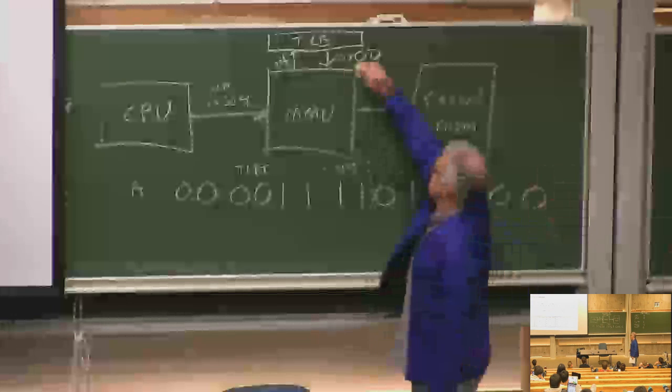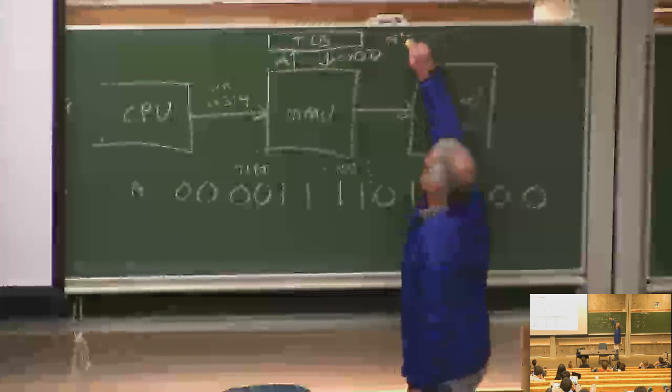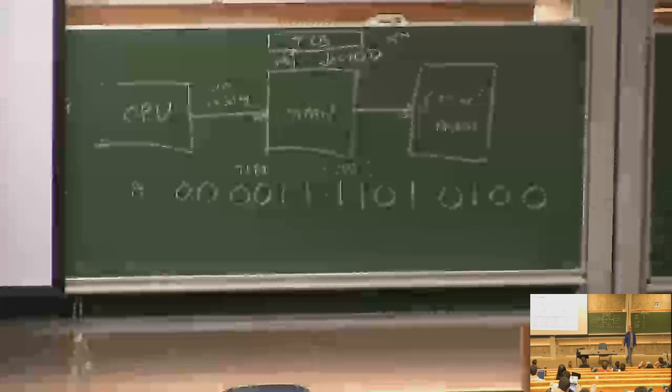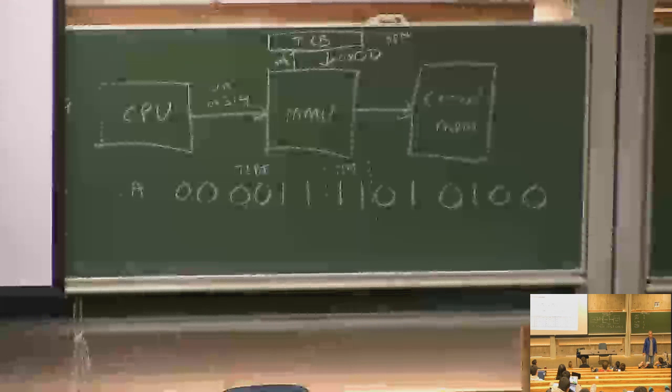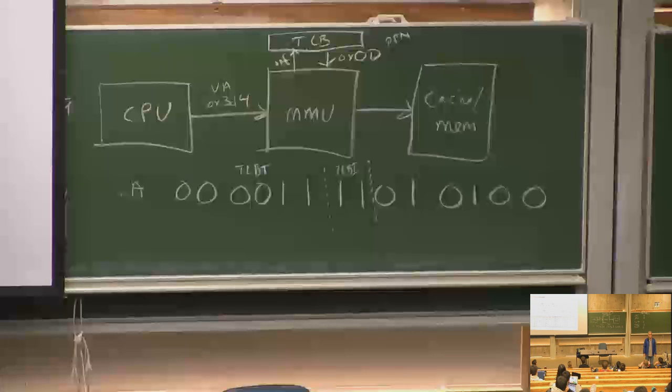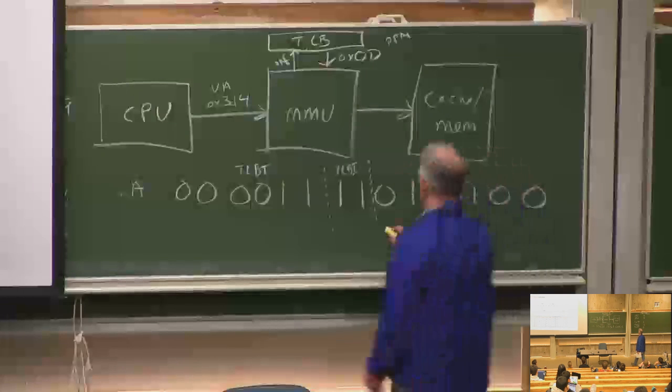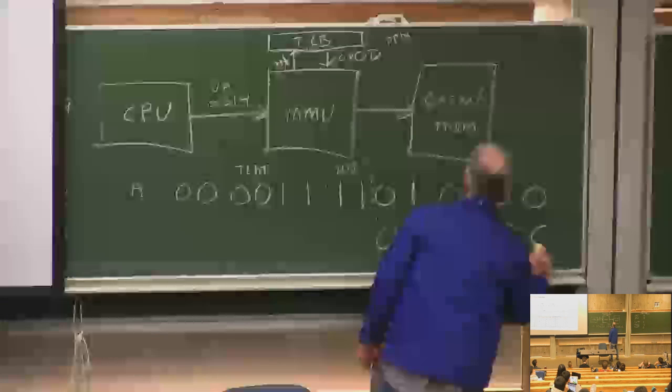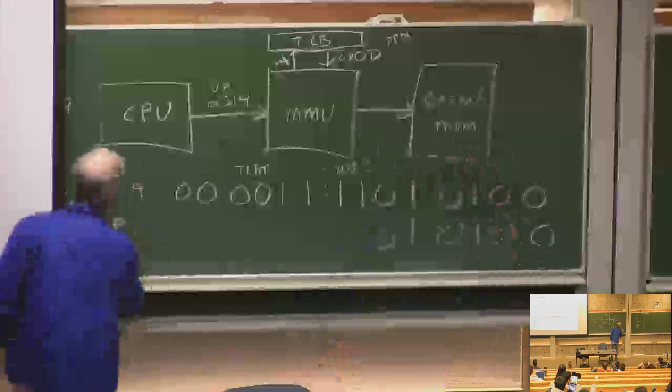So the TLB just returned 0D, which is a physical page number. How does the memory management unit construct the physical address? Yep, the offset is down here. That gets unchanged. 010100.